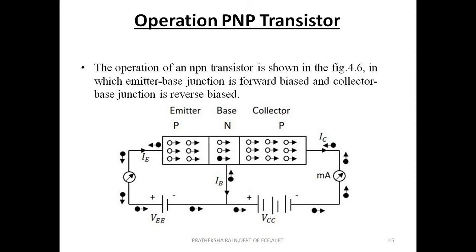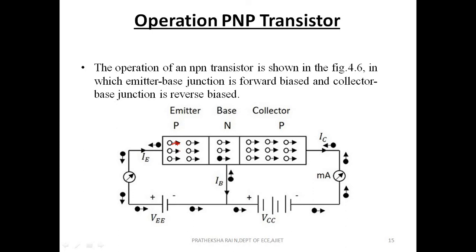Now we have to see how there will be flow of holes. From the P side, when it is forward biased, the holes will tend to move in this direction, and the electrons will move in the opposite direction. We will concentrate on the flow of holes. The direction of flow of holes is the same as the direction of the current.